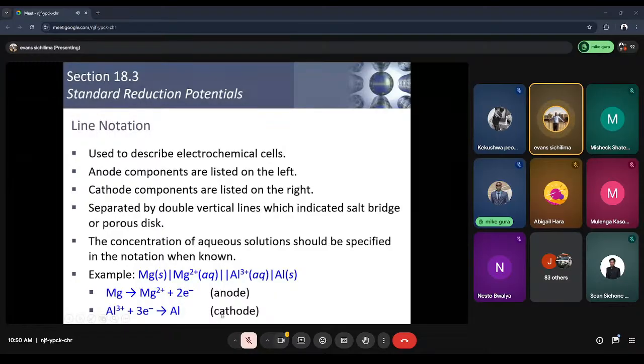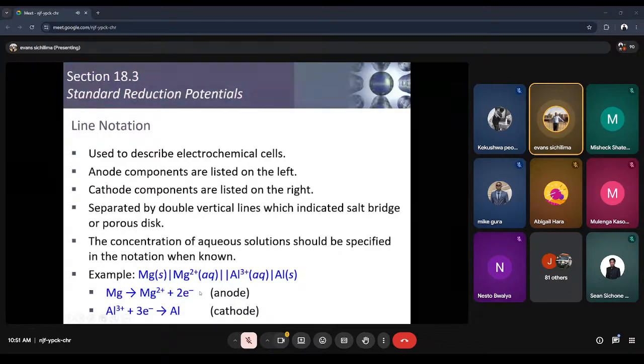So again, sometimes you may be given this line notation so that you get back to the galvanic cell, or you come up with these half reactions. So there's oxidation, there's reduction, and when these two are happening at the same time, collectively they are called a redox reaction.